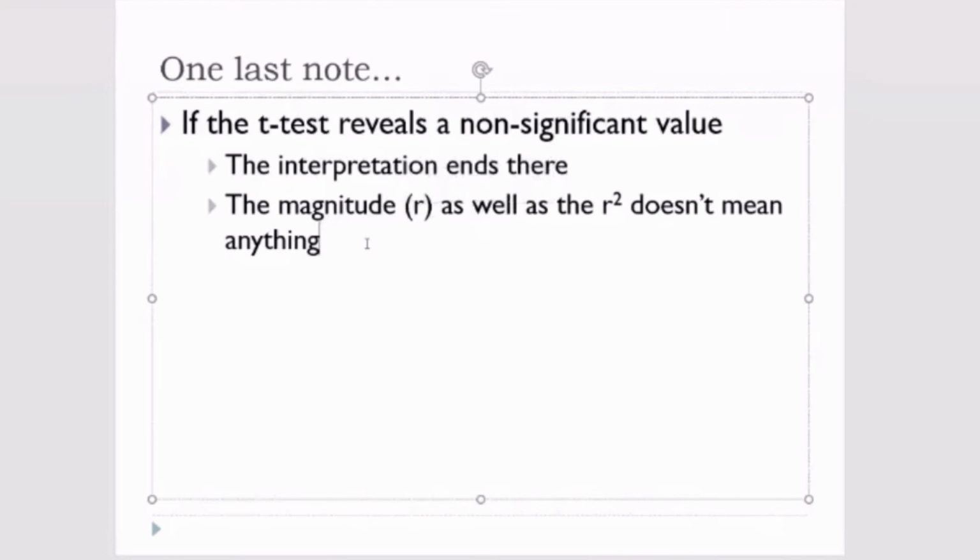So useless na tong very strong or moderate relationship or very high, or pila ang R squared, the percent in the variation of Y, it doesn't mean anything. So kung dili siya significant, diretso ra gyud ka moingon nga dili significant ang relationship.